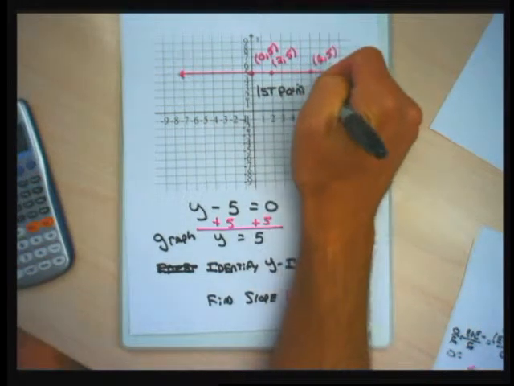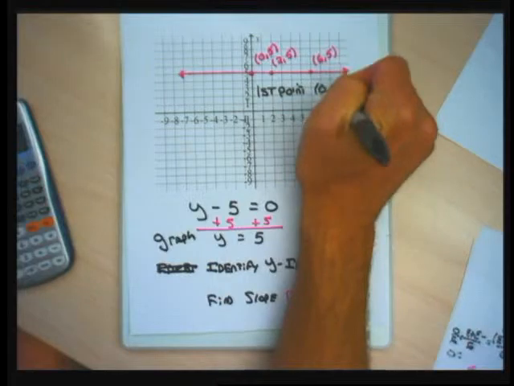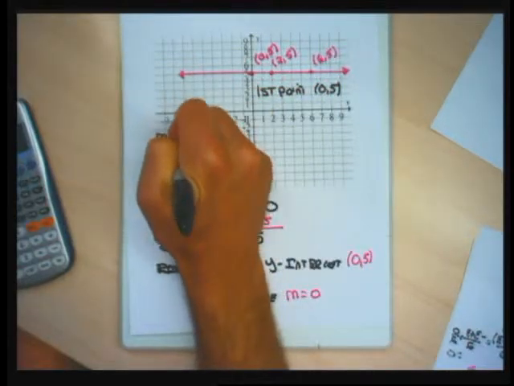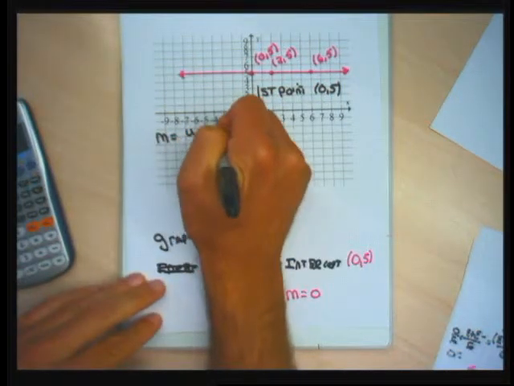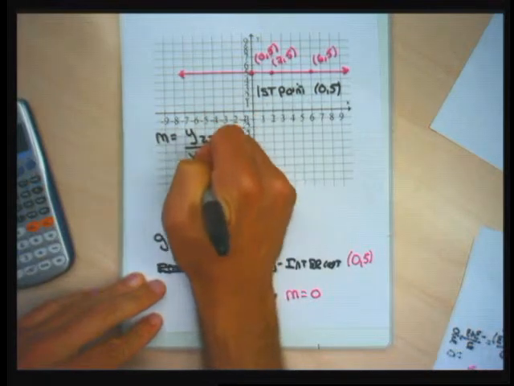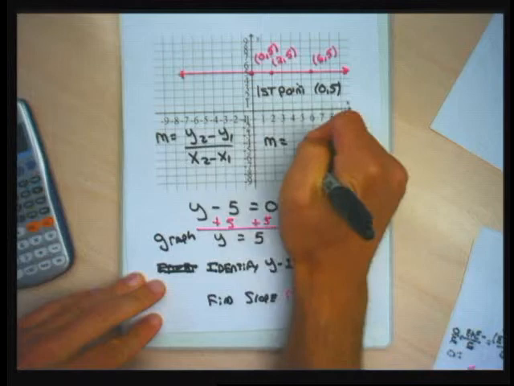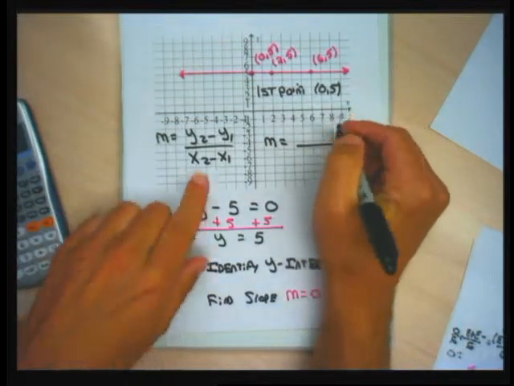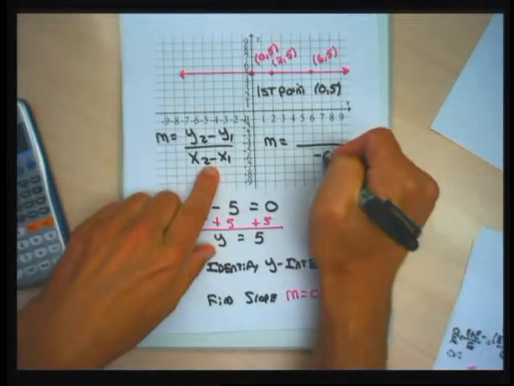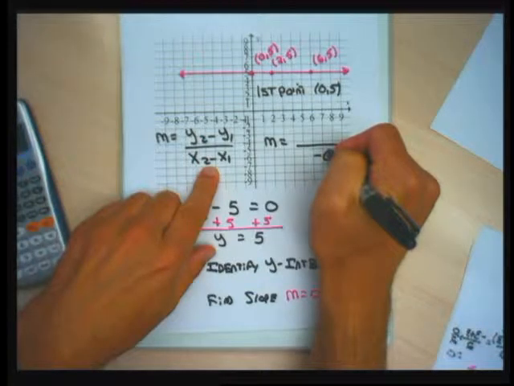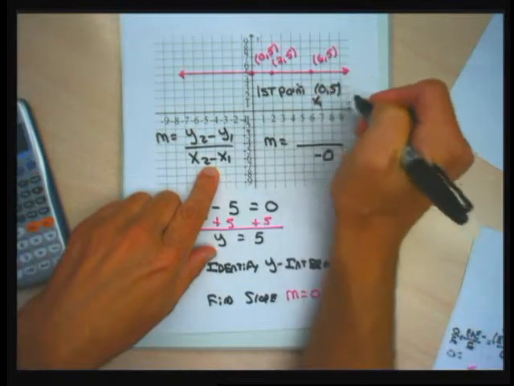So I'm going to get my first point, 0, 5, and I'm going to use the formula m equals y2 minus y1 over x2 minus x1. So for me, after the minus sign in the denominator, there's going to be 0 because that's the x-coordinate of my first point. So the 0 is an x1.